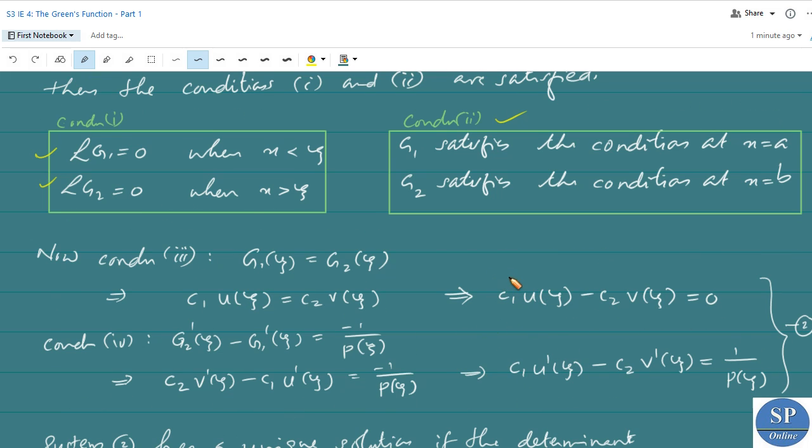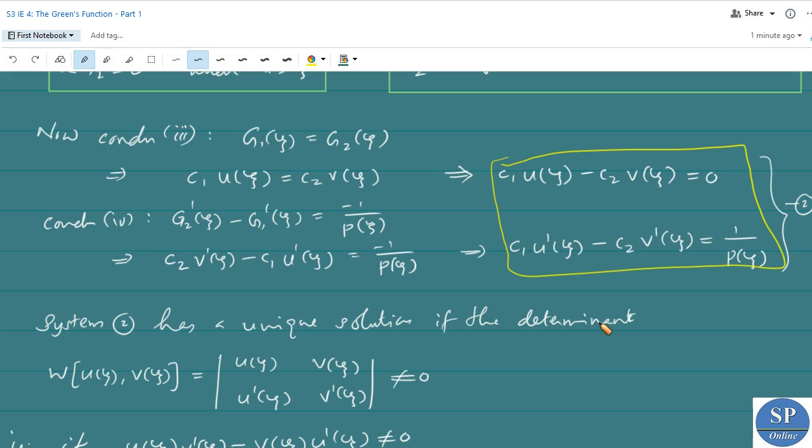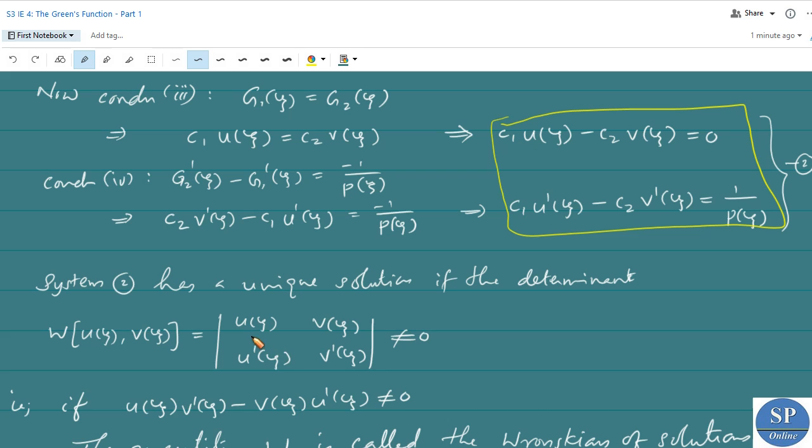This system has a unique solution only if the determinant of the coefficient matrix, with entries u zeta, v zeta, u dash zeta, v dash zeta, is non-zero. We denote this determinant as W of u zeta, v zeta, which is u of zeta into v dash zeta minus v of zeta into u dash zeta, and it is not equal to 0.